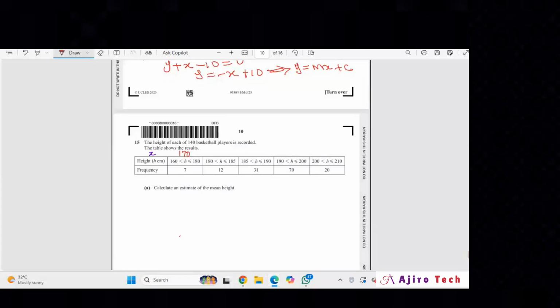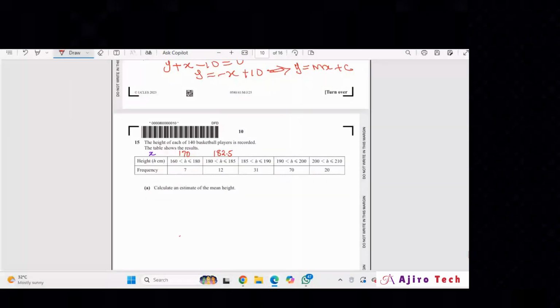Then you also do 180 plus 185, that will give us 365. 365 divided by 2, it will give us 182.5.